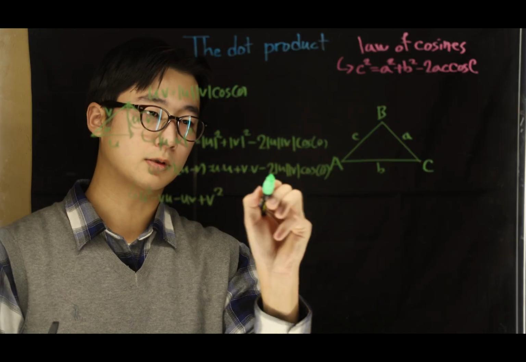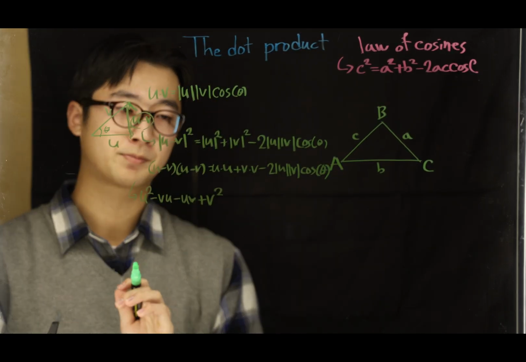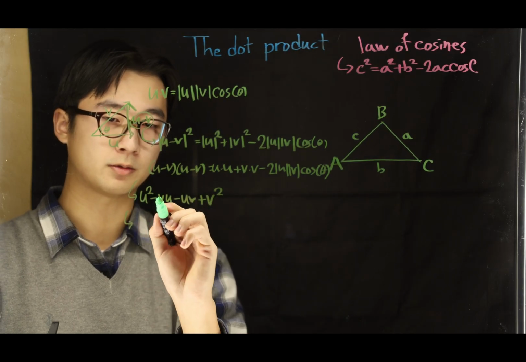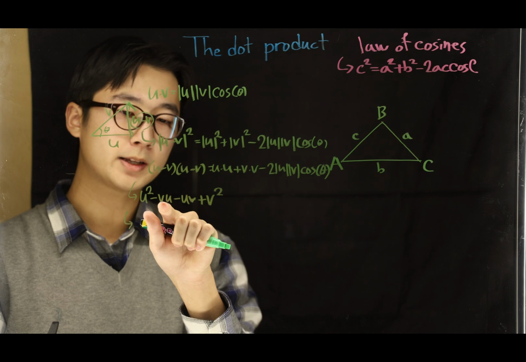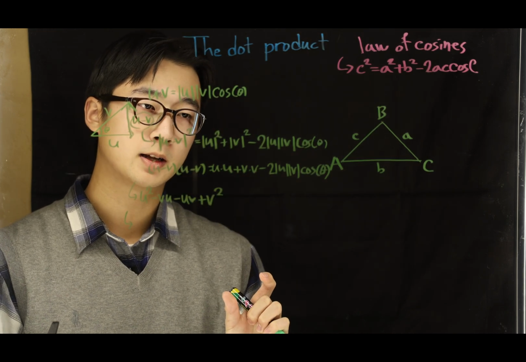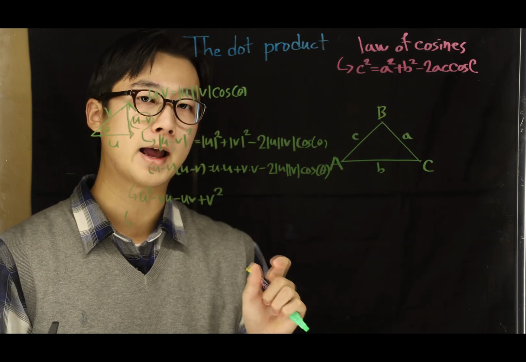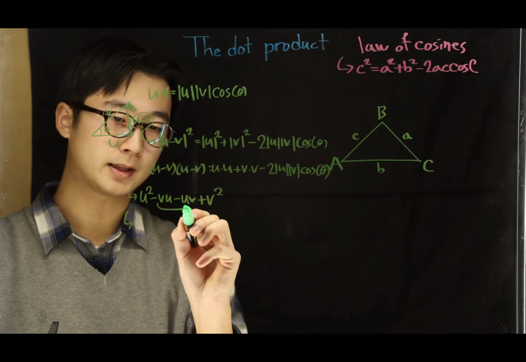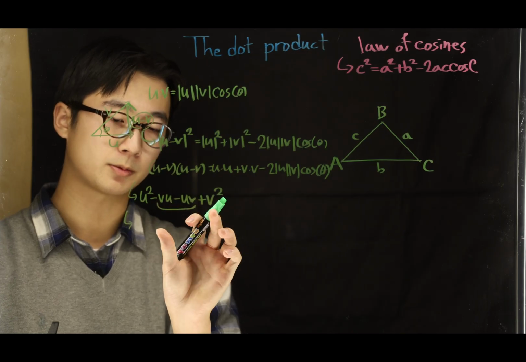The right-hand side is the same. And v dot u is just the same as u dot v because the dot product is commutative, so we can combine them.